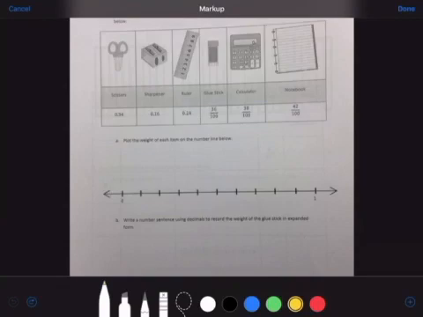So when I look, I notice that it starts at 0 and it goes to 1. So all of these spaces in the middle, they're 10 spaces, must be tenths. So this would be 1/10, 2/10, 3/10, 4/10, 5/10, 6/10, 7/10, 8/10, and 9/10, because 1, of course, is 10/10.